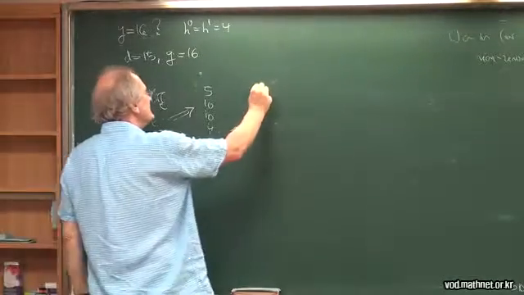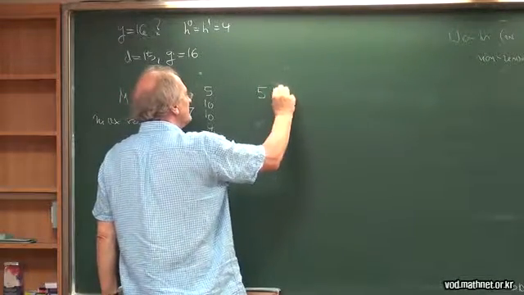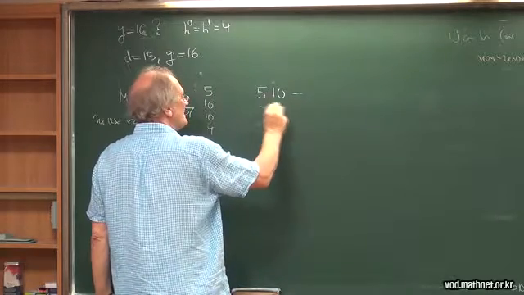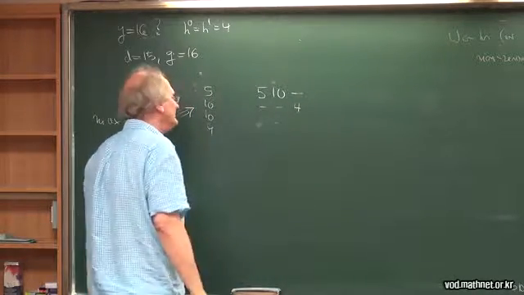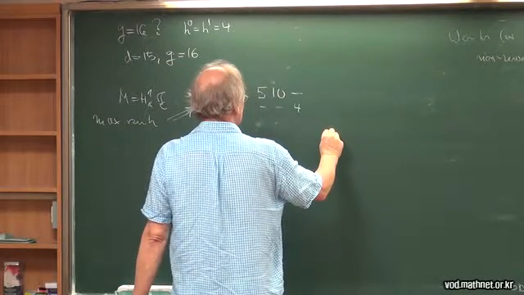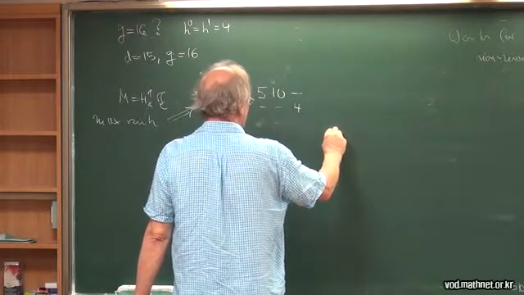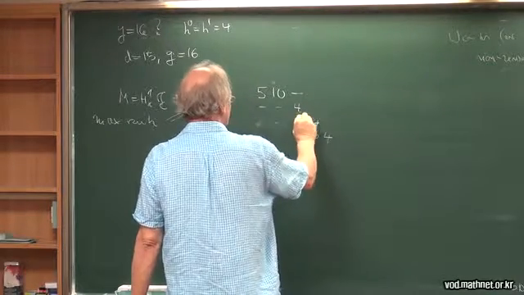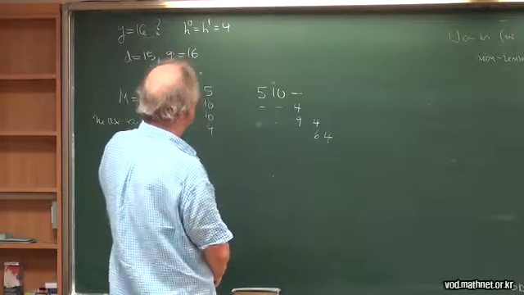And the Betti numbers are going to be 5, 10, nothing here, here will be 4, and then I think 4, 6, 4, 9. Let's see. Where does this make sense?